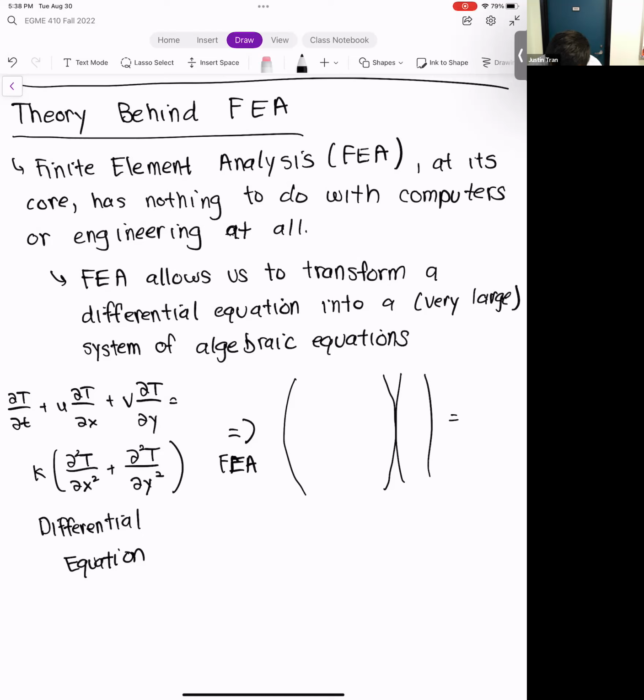Okay, so in its purest form, that's all that FEA really is: taking a differential equation and transforming it into an algebra problem, basically.